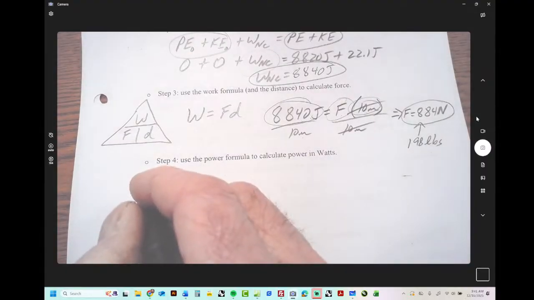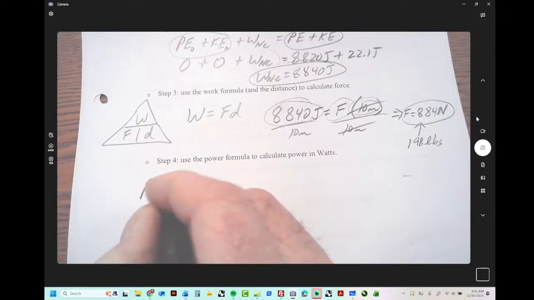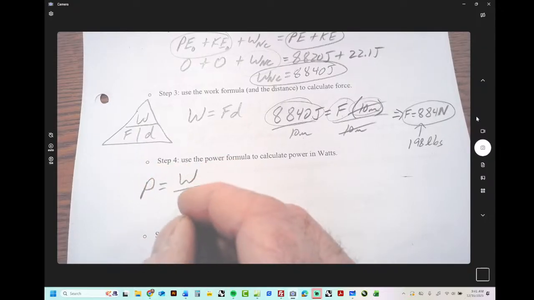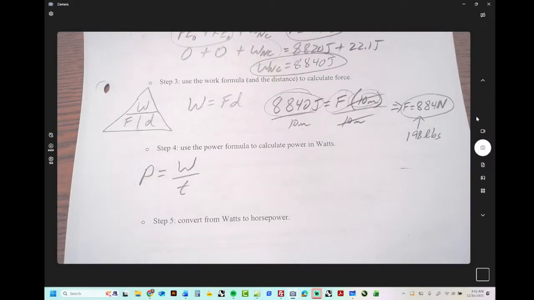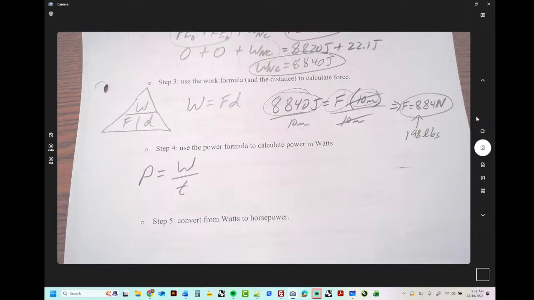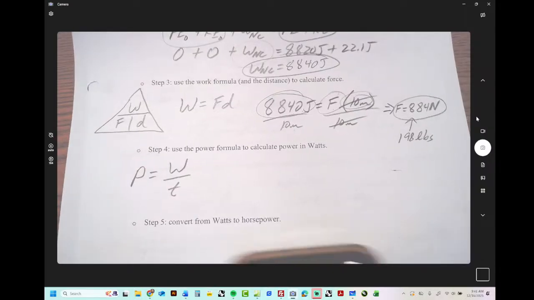The power formula, again, is back on page 5, but power is work divided by time. And that should be pretty quick. I'll give you just a second to do it before I do it. Okay, I'm going to do it.